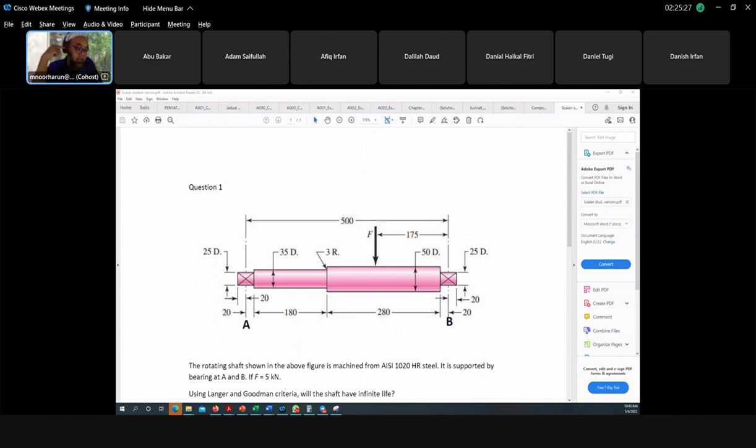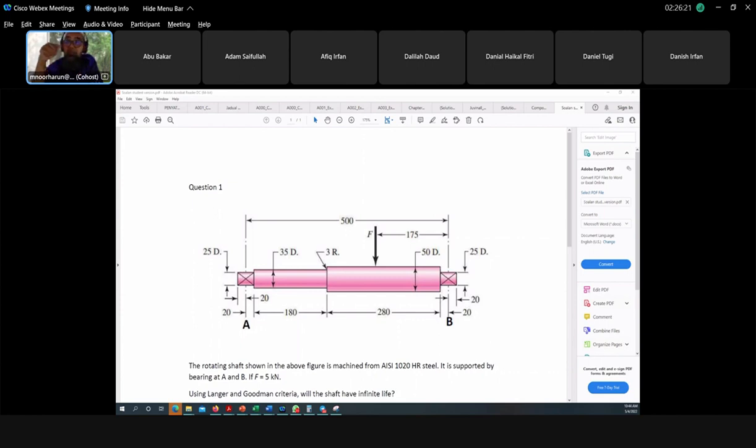So we need to calculate the bending stress at the fillet and at F. Make the comparison: which bending stress is more, at the fillet or at F. Once we get that, we know that this type of shaft is under reverse bending.